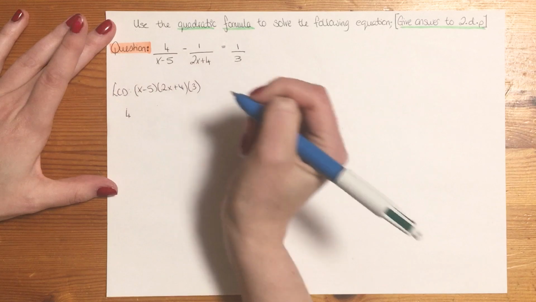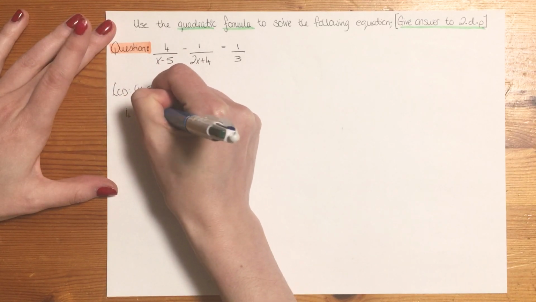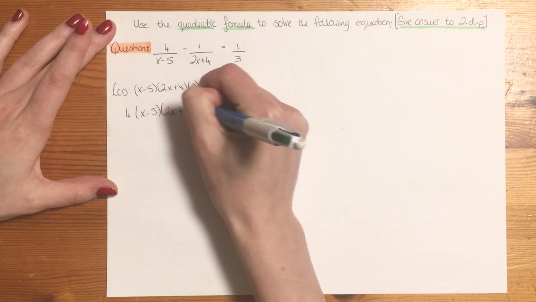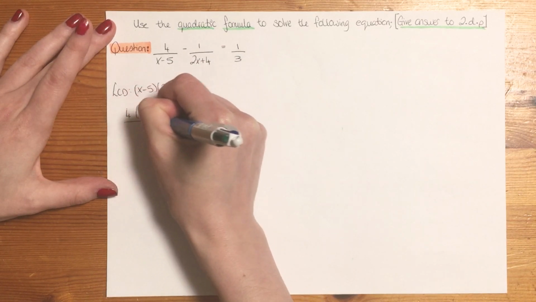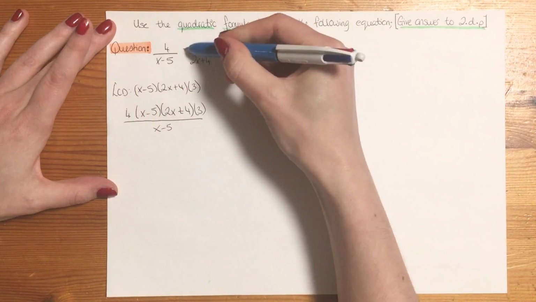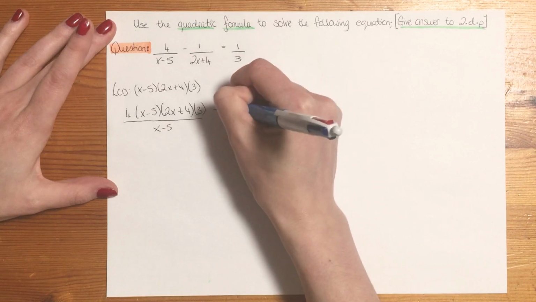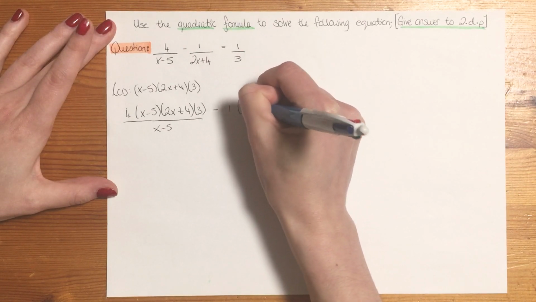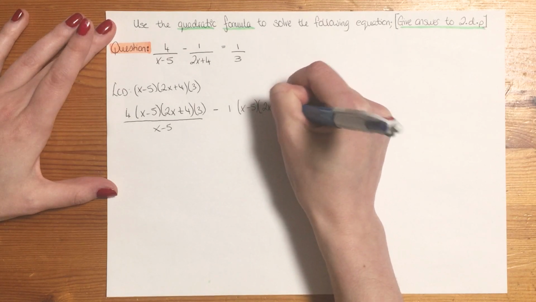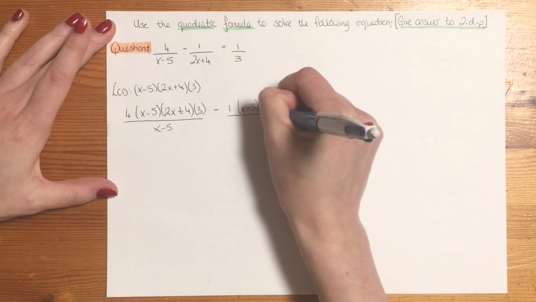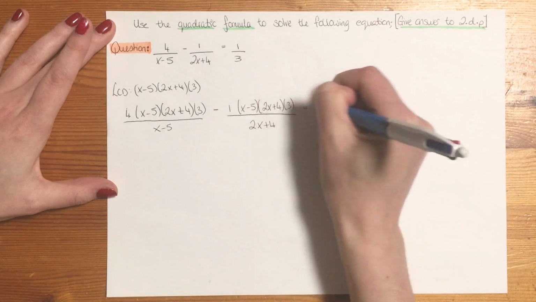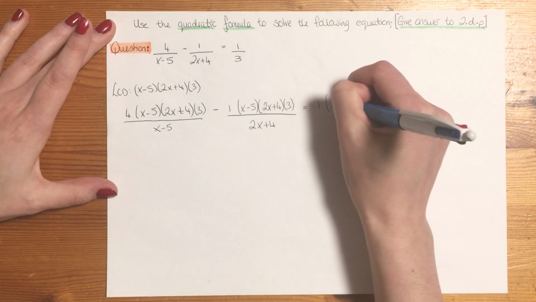So we've got 4 times x minus 5, 2x plus 4 times 3, all over x minus 5, minus 1 multiplied by the lowest common denominator, equals 1 multiplied by the lowest common denominator.